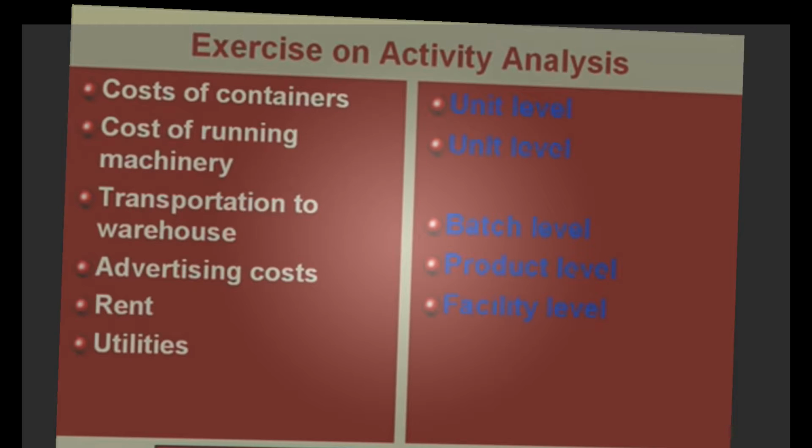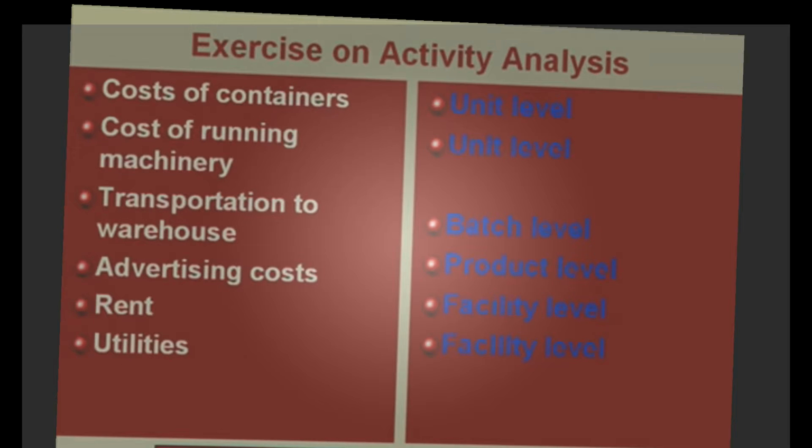Would an advertisement for dog food influence cat food sales? No. So this is a product-related activity. Rent. Rent is facility level. Utilities, what did you say? This is also a facility level activity because really it's common to all products.